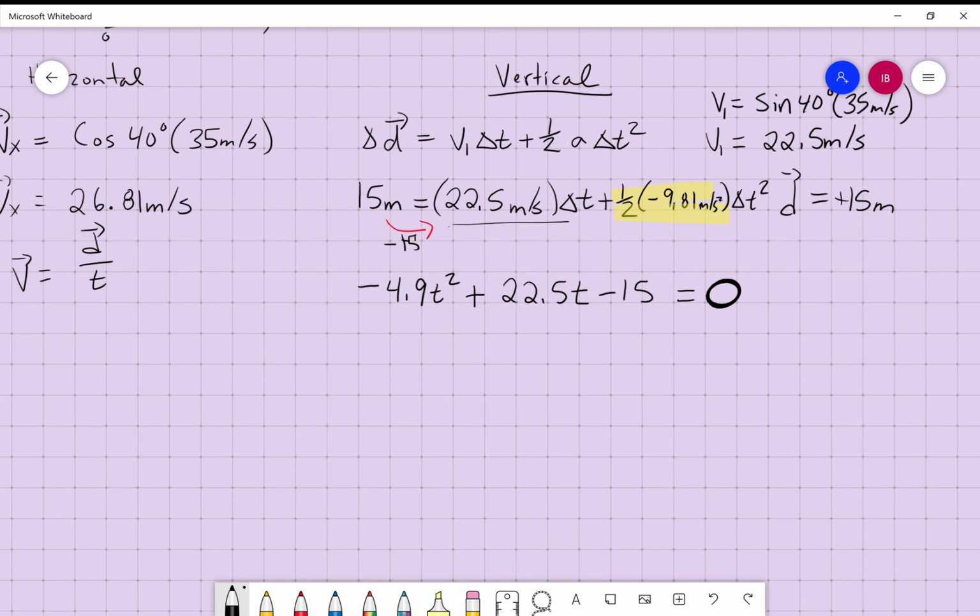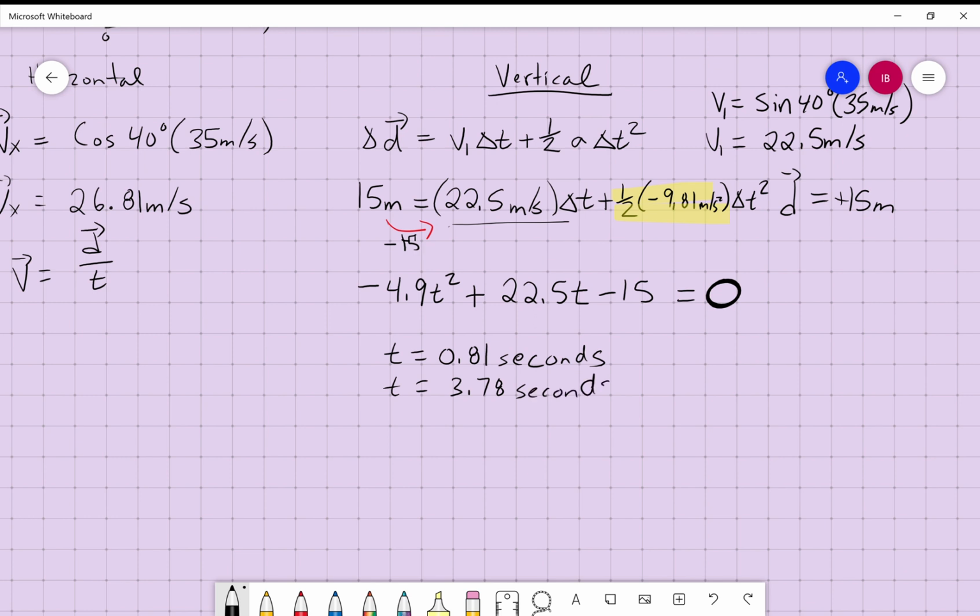Going through the steps of the quadratic formula, I will do it on a separate sheet of calculations and send you the picture of it. When we punch everything in, we're going to get two possible answers for t. t is going to be equal to 0.81 seconds, or t is going to be equal to 3.78 seconds.